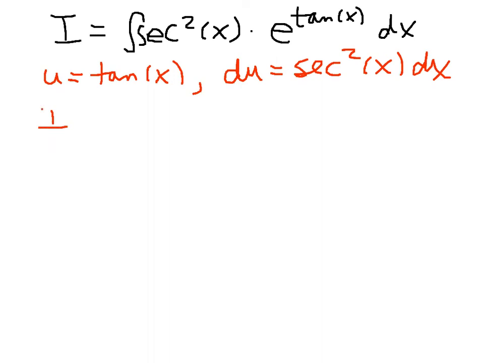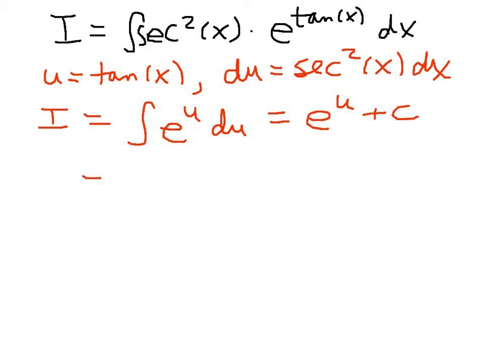So that means I is equal to the integral of e to the u du. That's simple, which is just equal to e to the u plus a constant. And so what we get is e to the u plus a constant. And there we go. Getting the hang of it?